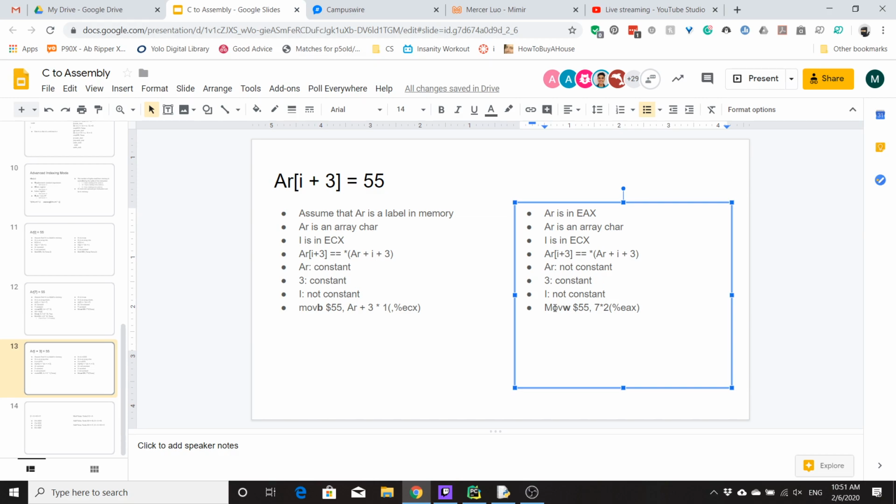Right? So here, we're still going to have a move B now. We're still moving 55. Now, what's my expression over here going to be? So we know that the only constant part we have is 3. Constants have to go into what field? Displacement field. So it's going to be 3, or 3 times 1. Right? What do we want to put in the offset field?